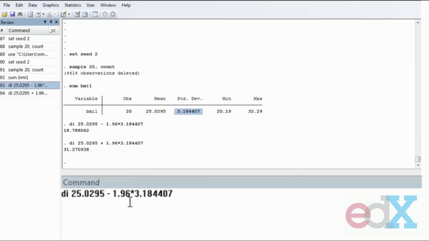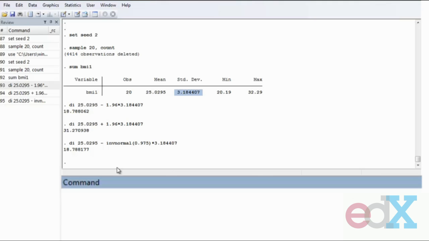Now I want to show you I could obtain the exact same result by replacing the 1.96 by this inverse normal command, and I would plug in 0.975 because you remember I wanted the value of the normal distribution such that 97.5% of the mass of the normal distribution was less than that threshold. So I use that inverse normal command to obtain this.